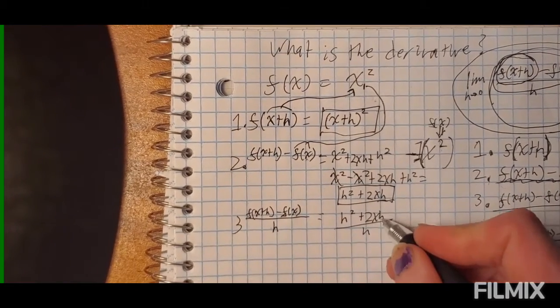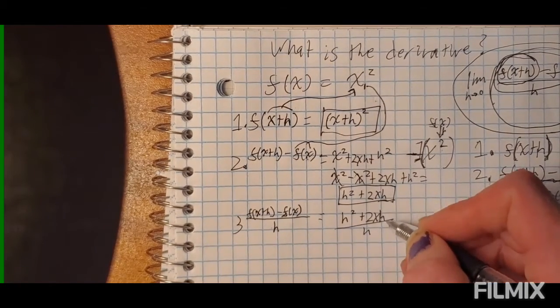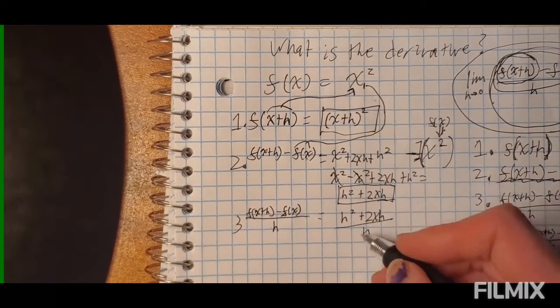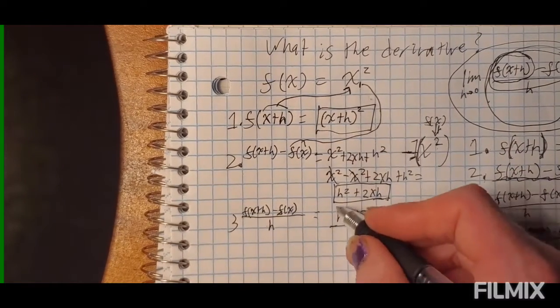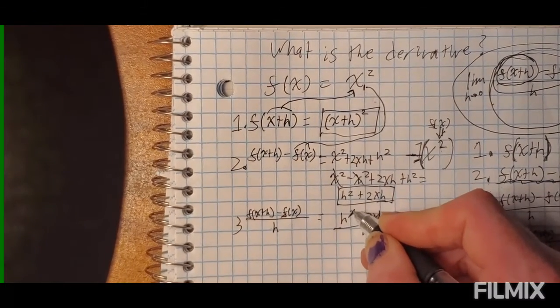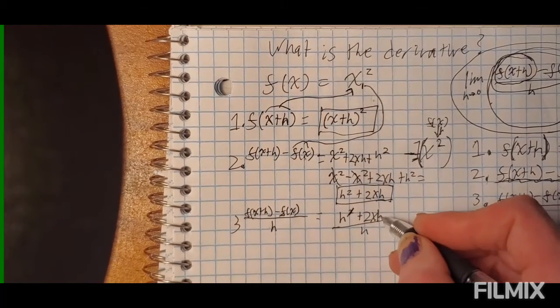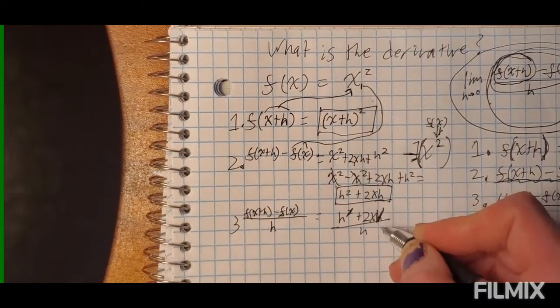And what do you see in the top? You have a factor that you can factor out. But an easier way to do that, instead of writing it outside as a parentheses, I'm just going to take one h out of each term. So an h squared becomes h, and 2xh becomes 2x.